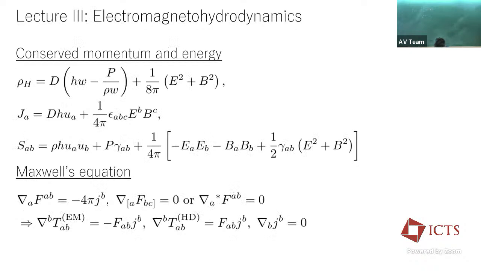And S_ij, so S_ab is the same: S_ab equals gamma_a^c gamma_b^d T_cd, the stress energy tensor cd component. And then you get these expressions right here.